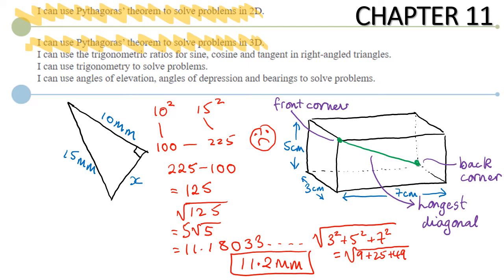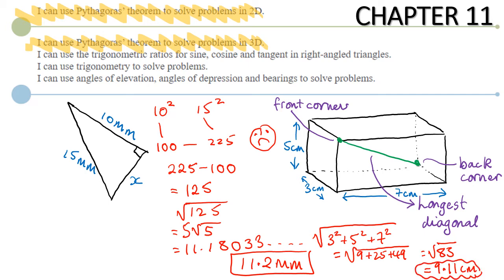So let's add those up. 49 plus 25 plus 9 is 83. So this becomes the square root of 83. And if I work that out, press SD, I get 9.11. So let's call it 9.11 centimeters.